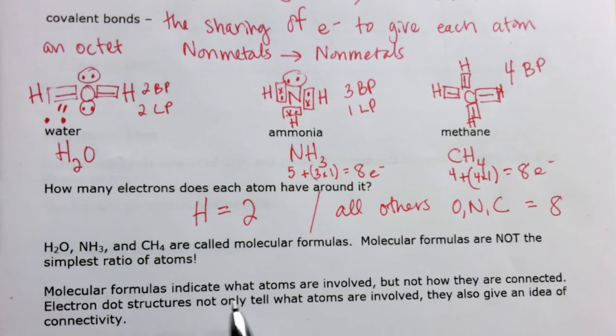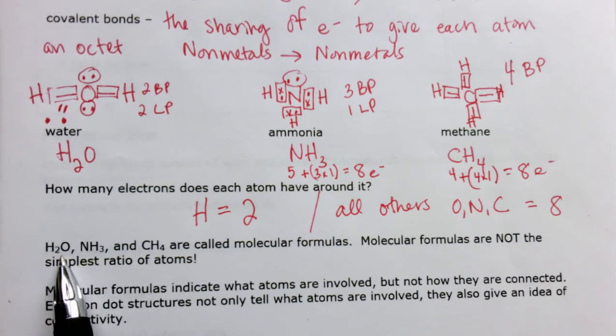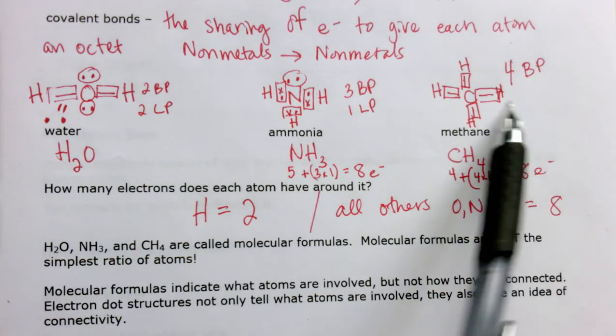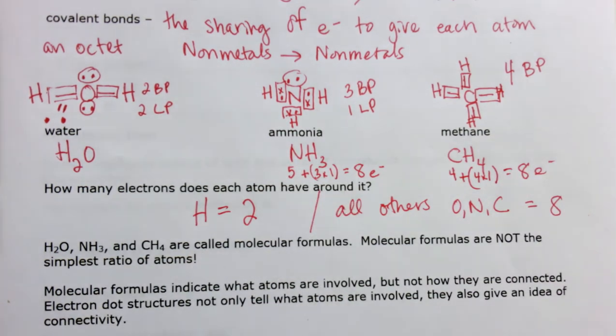So molecular formulas indicate what atoms are involved, but not how they are connected. Electron dot structures not only tell what atoms are involved, they also give an idea of connectivity. So you couldn't figure out what the molecular shape of water, NH3, or CH4 looks like just from the molecular formula. That's why these electron dot structures are really helpful.